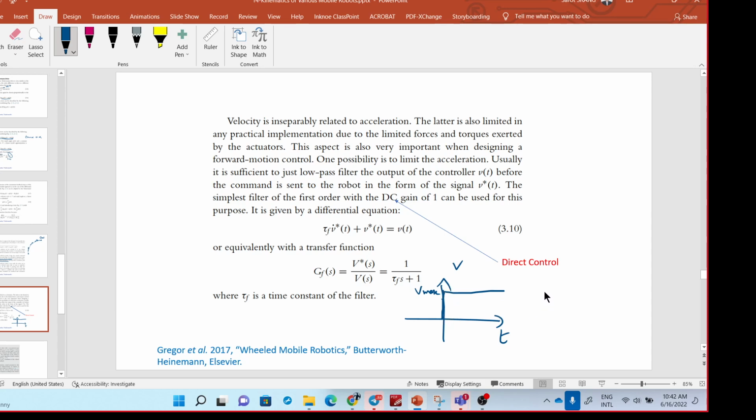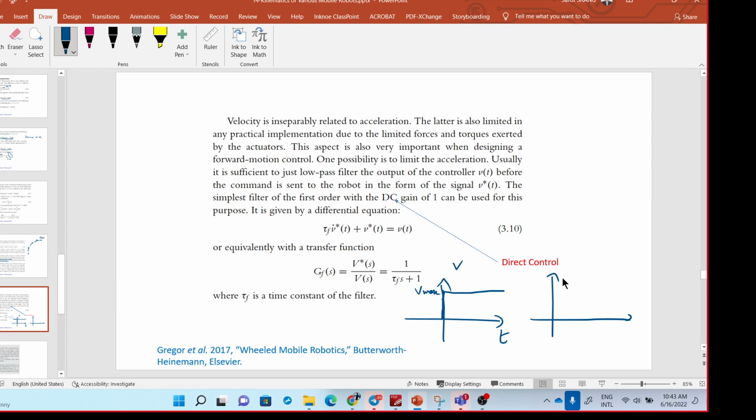The dynamics of the car itself will make that not possible. But even so, we don't really know how the dynamics behave.